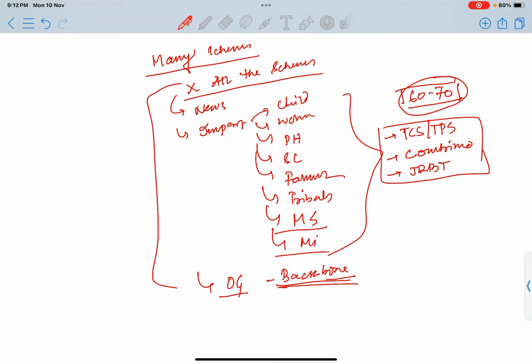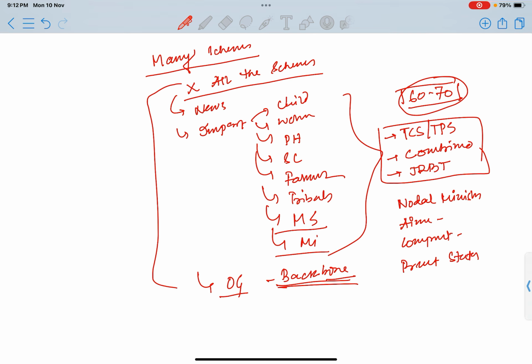So go through it, read it, and make your own notes. For every scheme, the format should be: what is the nodal ministry, what is the aim, what are the components, and what is the present status.